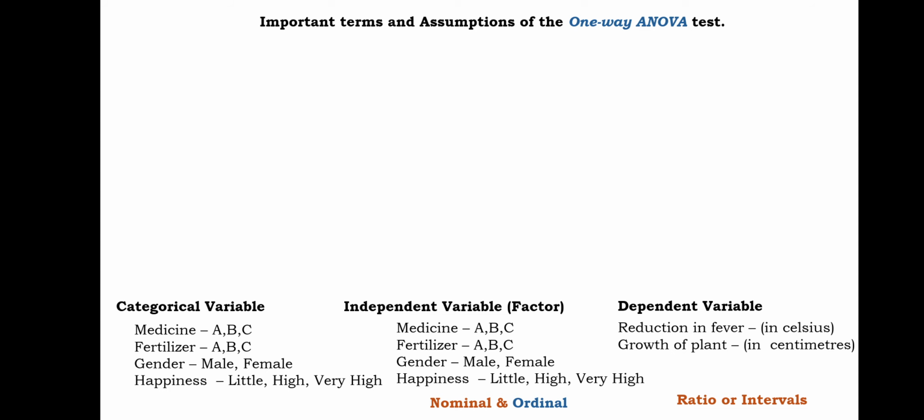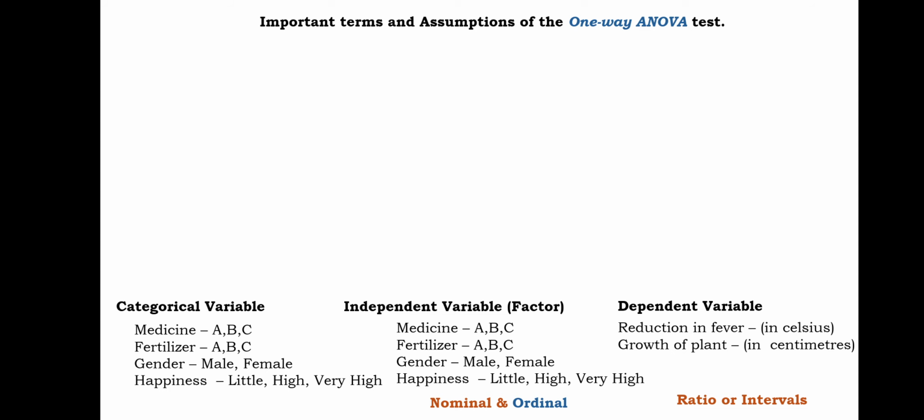And ratio or interval scales are also called the metric scale because they are higher scales. Because fever can be measured in Celsius, it is a higher scale of measuring data. Growth of a plant can be measured in centimeters, it is a higher scale.